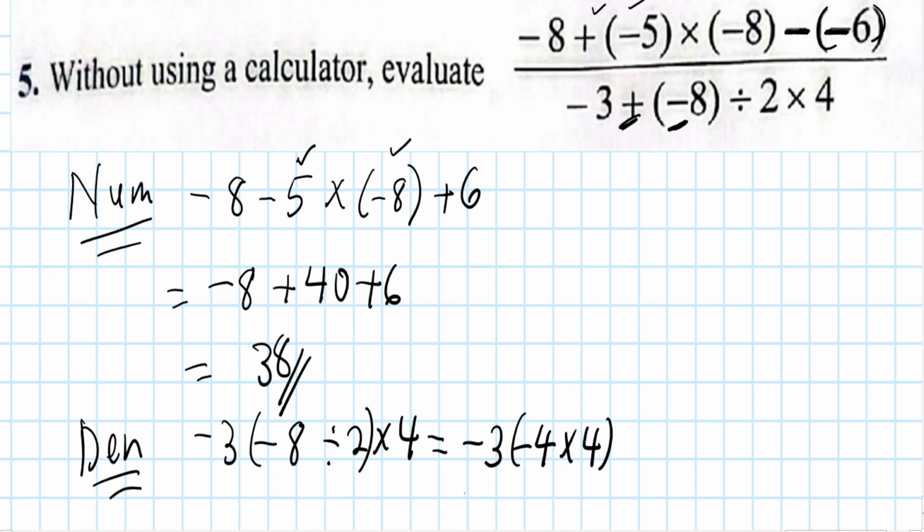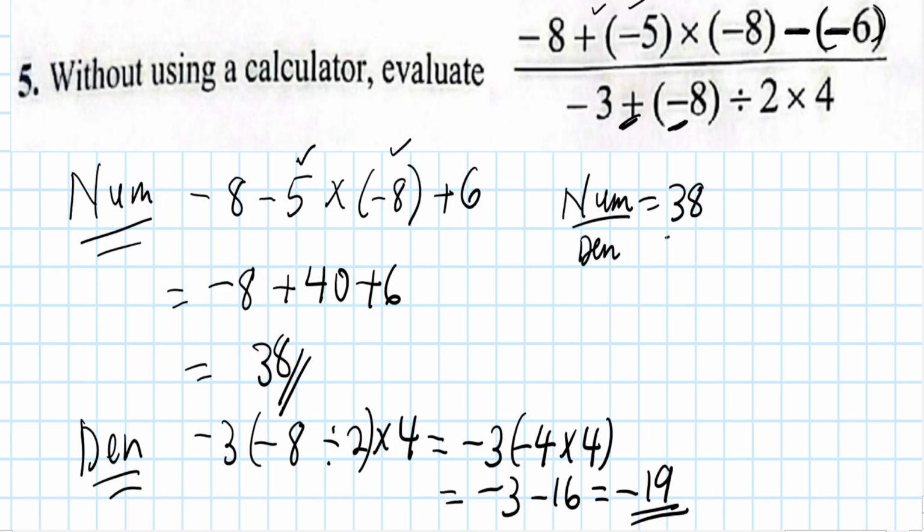Minus 4 times 4 is minus 16, so minus 3 minus 16, which is minus 19. So numerator divided by denominator: 38 divided by minus 19 will give you minus 2. That is your answer.